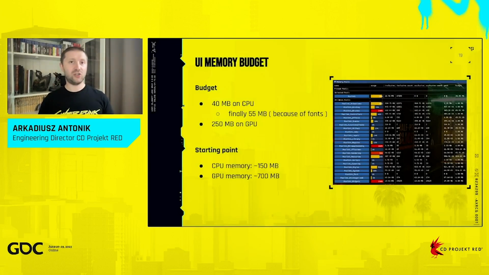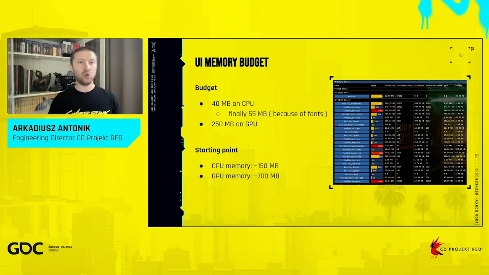Of course, after introducing budgets, every system was out of budget. Fitting UI to the budget was a never-ending story till the end of the production. But we had a few milestones where things changed, and thanks to that, we were closer and closer to the final numbers. I will describe these gates later in the presentation.